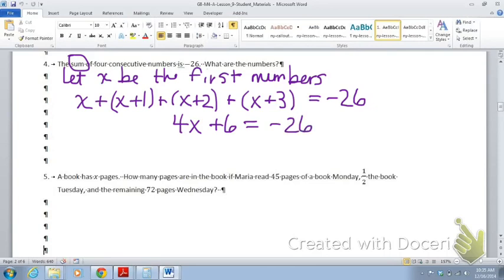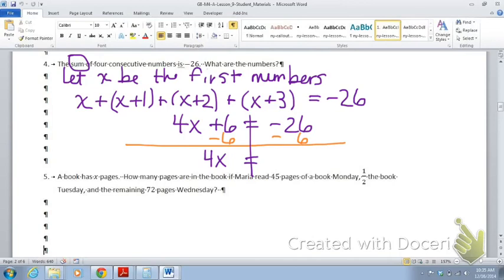Let's go ahead now and use our properties of equality. Subtract 6. And here's where most of the errors are being made on problems that I see in your work. This is 4x now on this side of the equation, because +6 minus 6 is 0. So that's 4x plus 0.